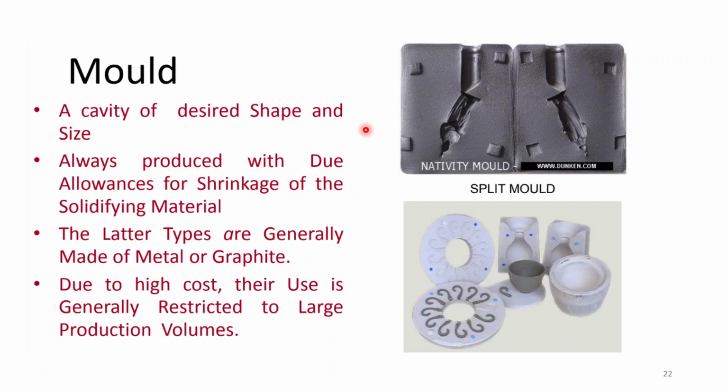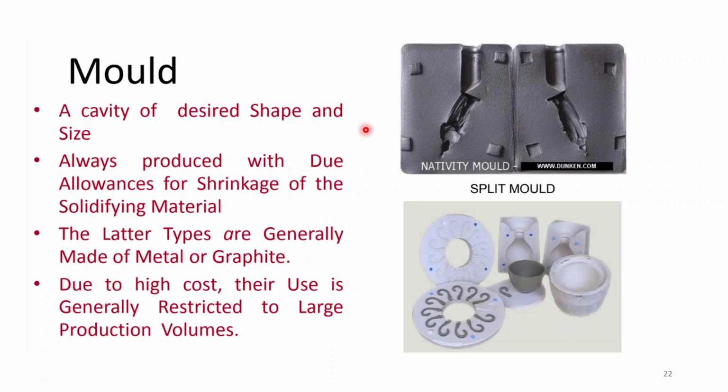And the latter types are generally made of metal or graphite. Due to high cost, their use is generally restricted to large production volumes. So these molds are either of sand or made of metal and graphite as well. In case of metal and graphite, the cooling rate is very high. Now these are some of the examples of mold cavities.